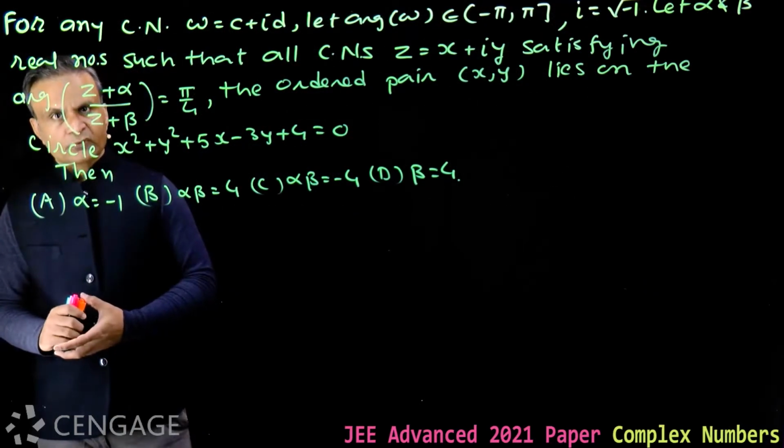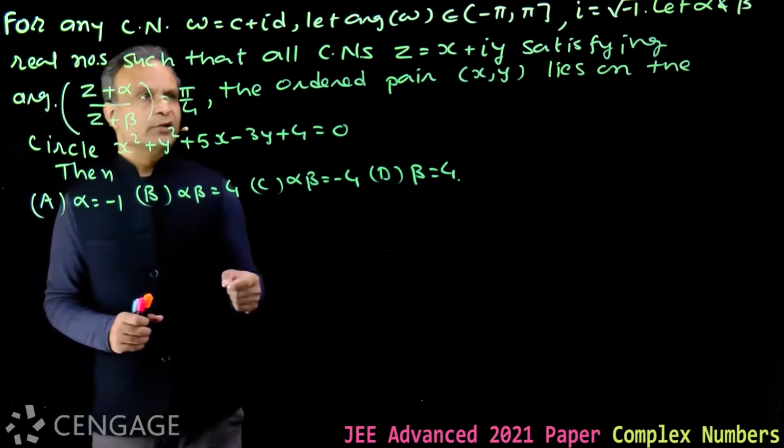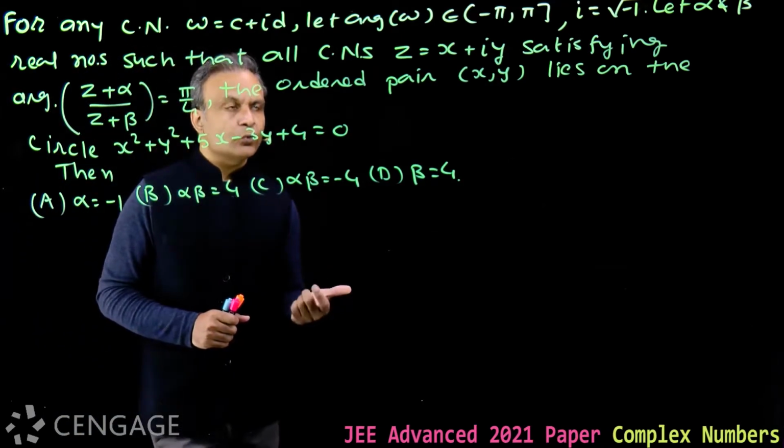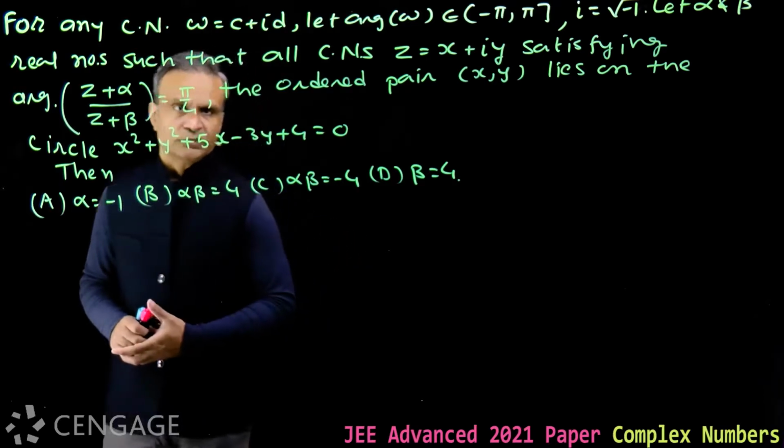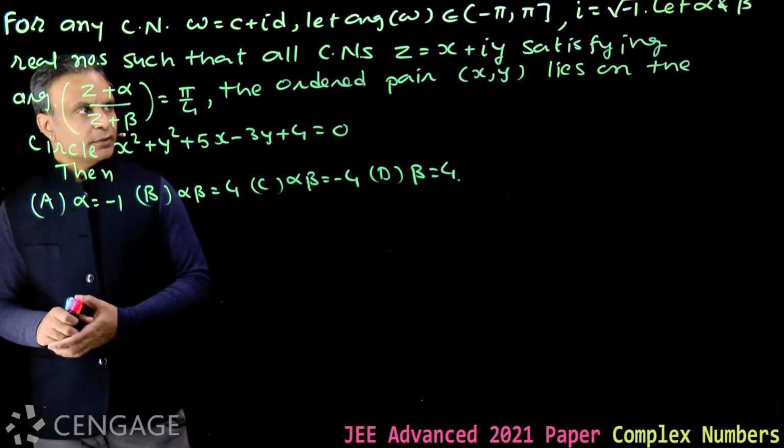Now with this question, for any complex number W equal to C plus iota D, let the argument of W belong to the open interval minus pi to closed interval pi, where iota is equal to square root of minus 1. These are general things.